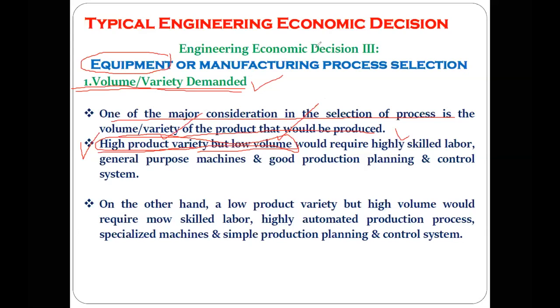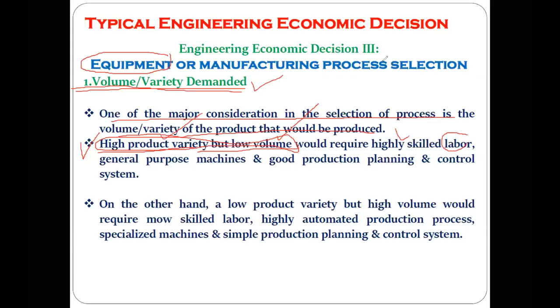Now you need to create a variety of products. If the company needs to produce a variety of products, will the company require medium-scale labor or high-skill labor? हाय स्किल. High-skill labor, in the sense the engineers or employees working in that company.